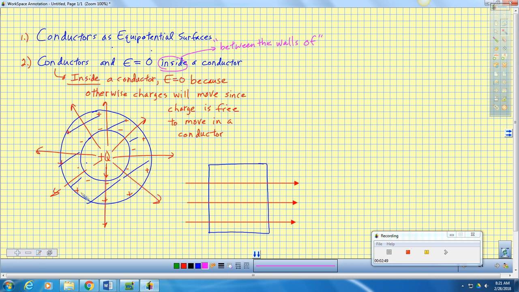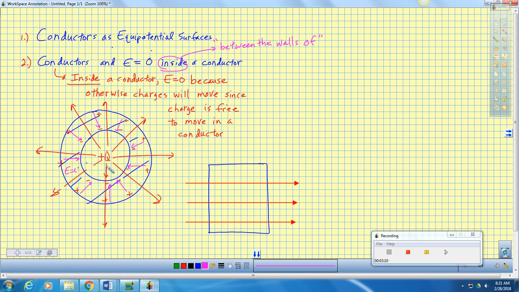These collections of positives and negatives make their own induced electric field that exactly balances out the field due to the point charge on the inside, and thus E equals 0 inside, or sorry, between the walls of that conductor. That's an established fact in our class now. Then out here you just have the regular old electric field due to that point charge again.